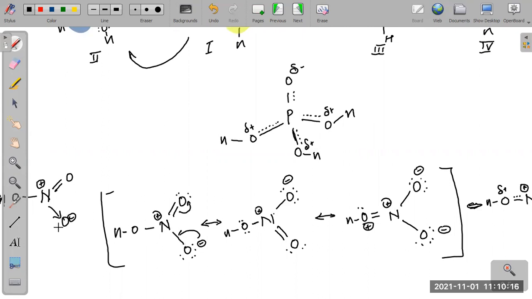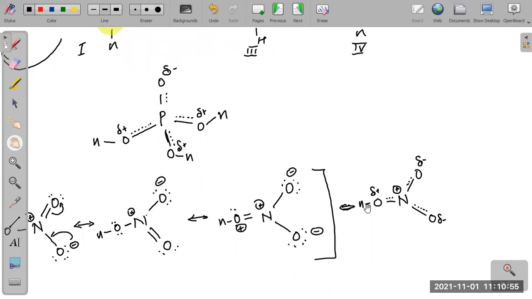Now this oxygen will have a bonded pair and two lone pairs. One pair of electrons can then get delocalized to form a double bond, and this double bond will open up to create this structure. Then this one is being created, and finally the third one is being created when the lone pair of this oxygen atom is participating in the delocalization.